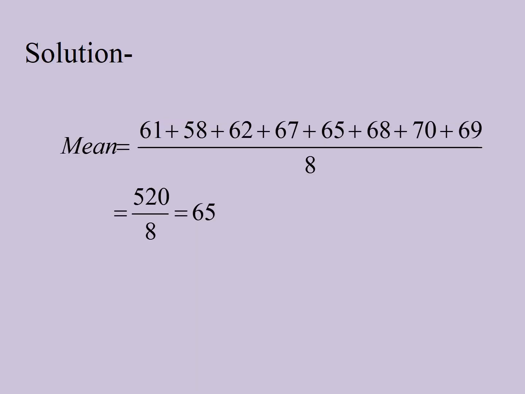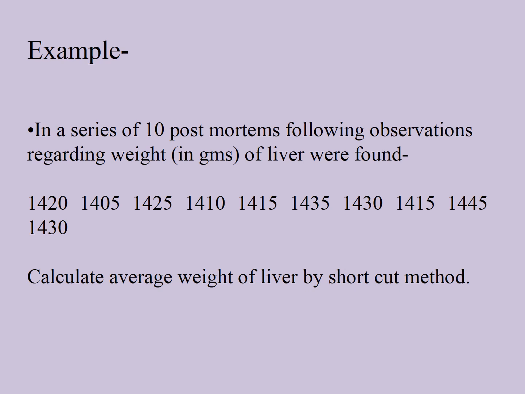Here in the numerator you can notice there is a summation of marks achieved in all 8 tests divided by the number of observations, that is 8. The numerator after summation is 520, divided by 8, and the answer is 65. So the arithmetic mean of the given example is 65. Now the second example. In a series of 10 postmortems, the following observations regarding the weight of a liver were found.